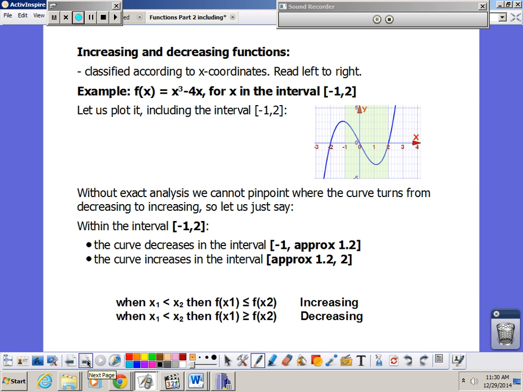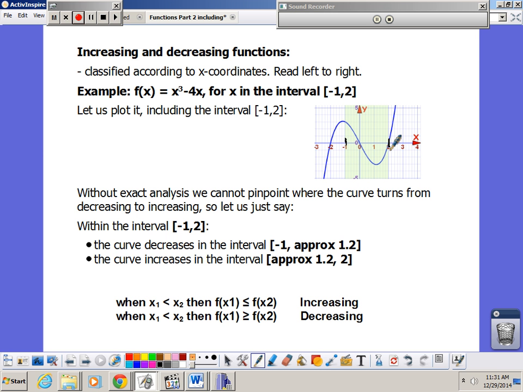Increasing and decreasing functions. Classifying according to the x coordinates, you read left to right. For example, x cubed minus 4x for x in the interval of negative 1 to 2. From here to here, what's happening? Well, if we plot it from negative 1 to 2, you see what's happening.